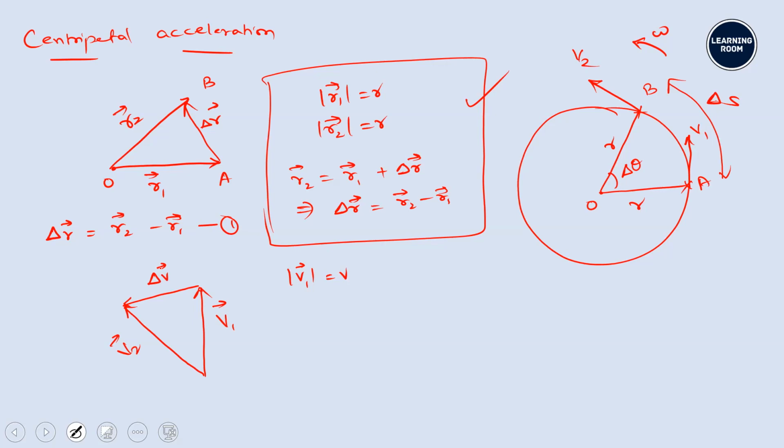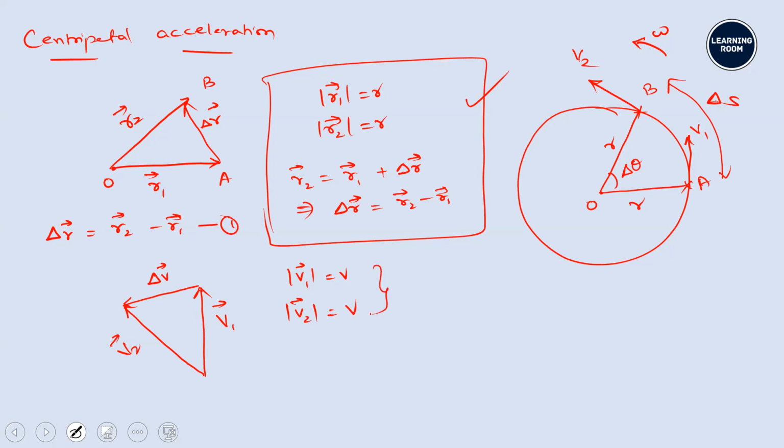Right? So here 2 important points are to be noted. That is, the magnitude of v1 vector is v. Same is the case with the magnitude of v2 vector also, because the particle is undergoing a uniform circular motion. So the magnitude of v2 vector is also going to be equal to v.